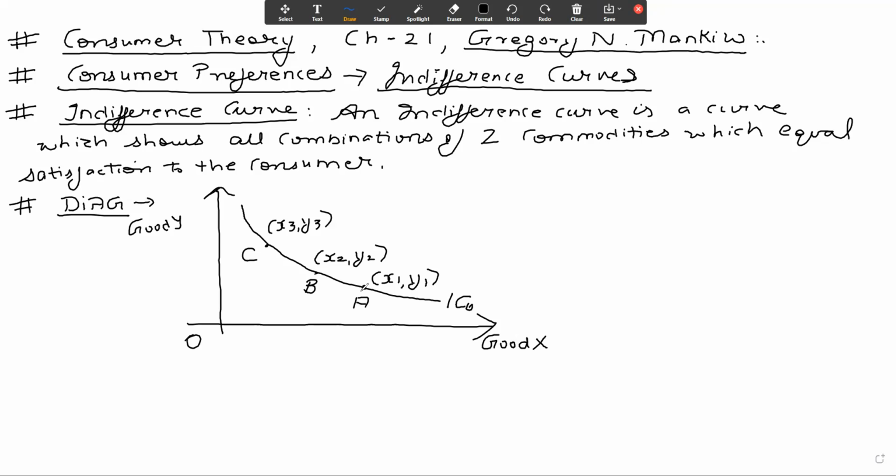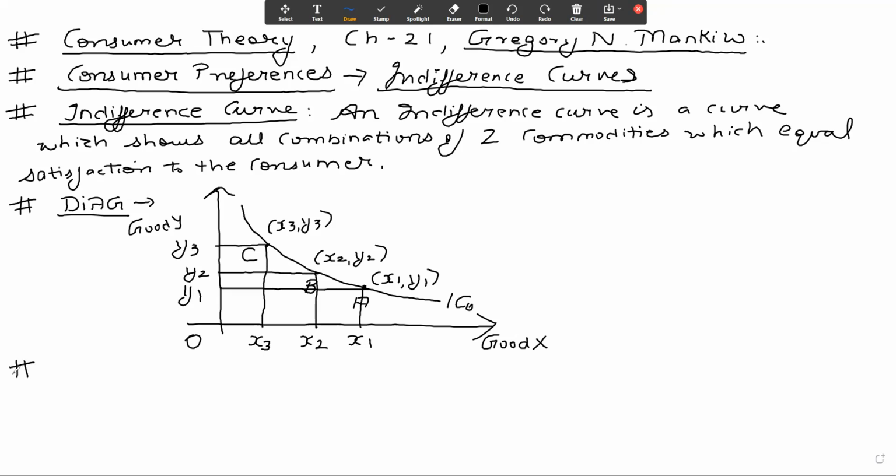Okay, so basically this is my x1, this is y1. Similarly, point B denotes x2 on the x-axis and y2 on the y-axis, and similarly we have point C, which represents the combination x3, y3.